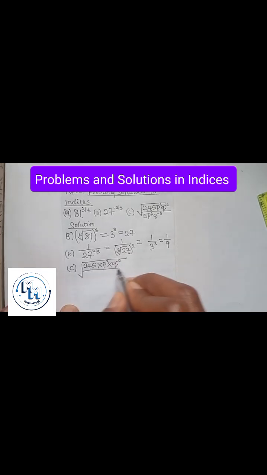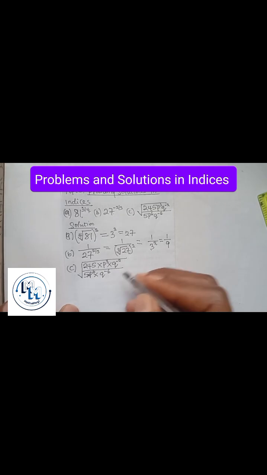Then over 5p power 6, pardon please, I'm so sorry. Let me put times here please. Then times q power minus 6. Is that okay?